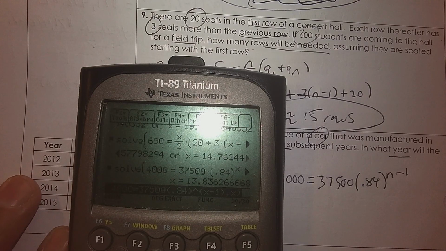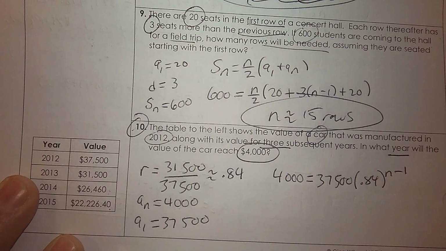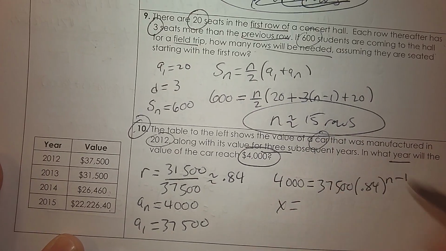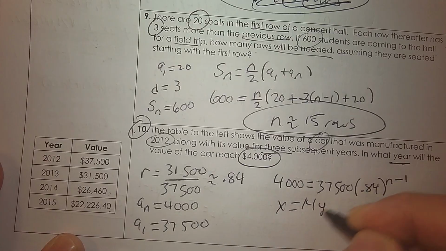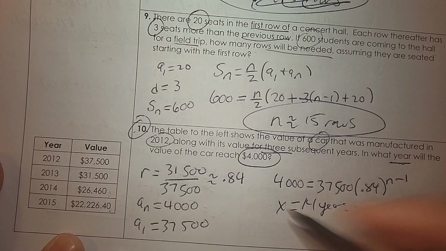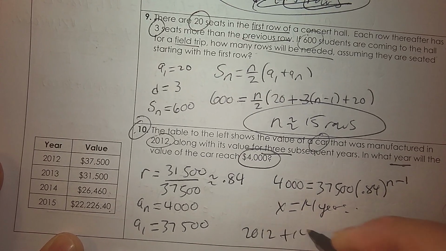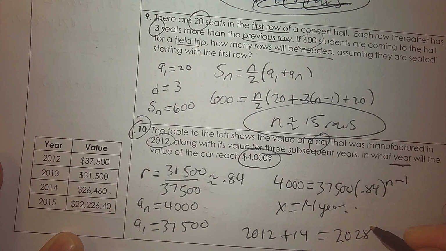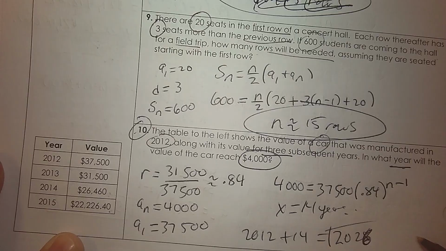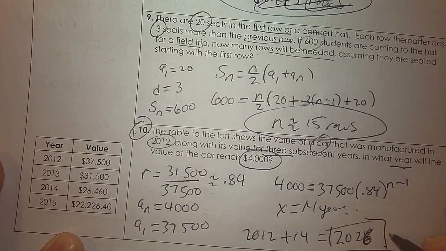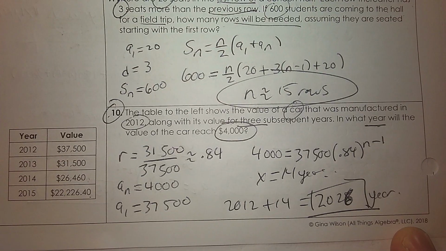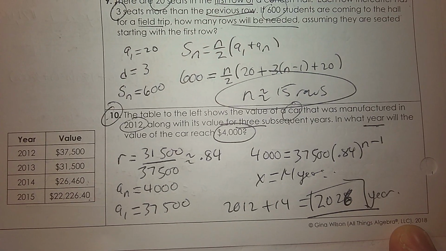So it's about 14 years. And it says in what year then? So 2012 plus 14. So what year? Oh, should I add it up? So in the year 2026, it'll be worth $4,000.